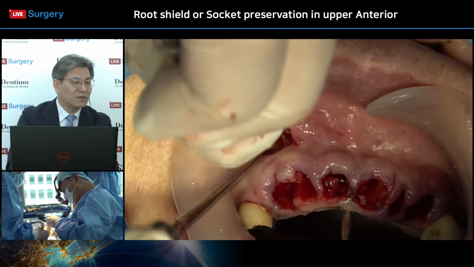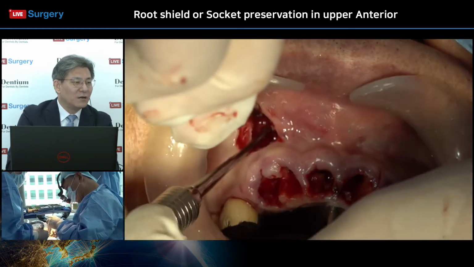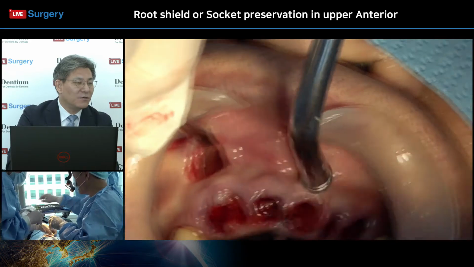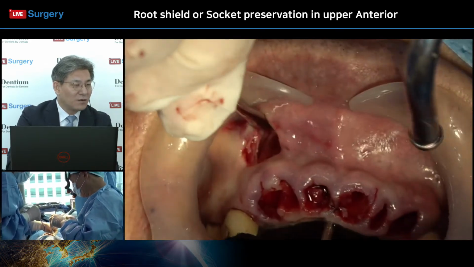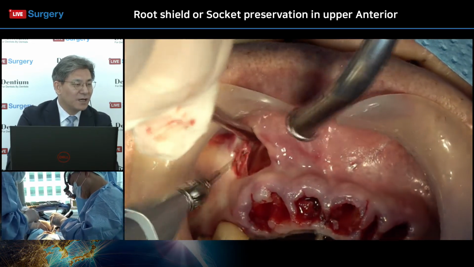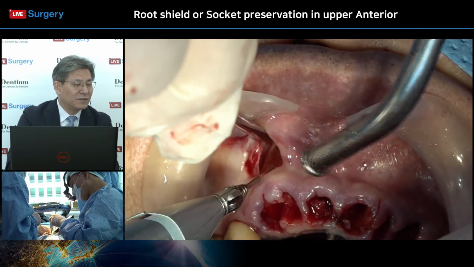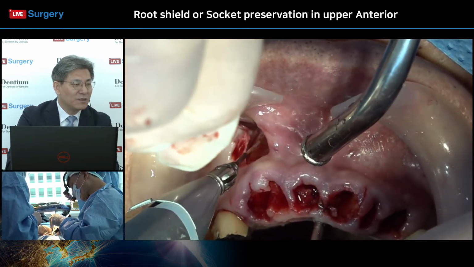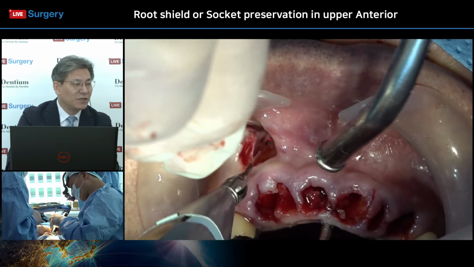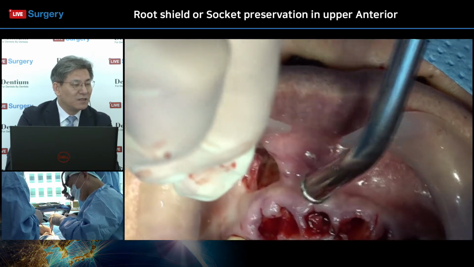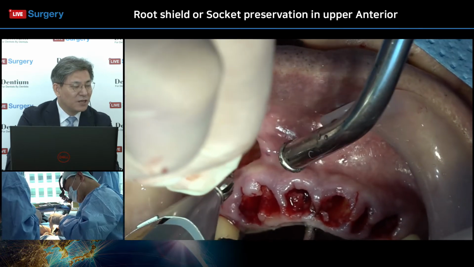When you see the CBCT before starting the surgery, we are focusing on the apex and labial bone plate area, because especially this upper anterior labial bone plate is extremely thin.